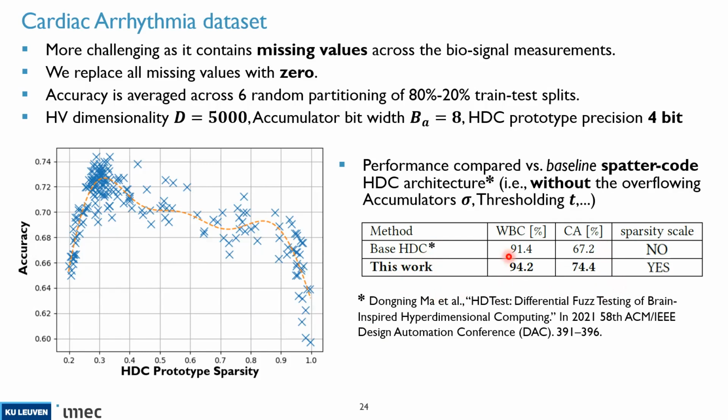More importantly, it does so while providing this scalability in the sparsity of the system. So it really allows you to get these trade-off curves where you can trade off between accuracy and sparsity, and therefore tailor or choose a certain design based on your hardware specification, for example.